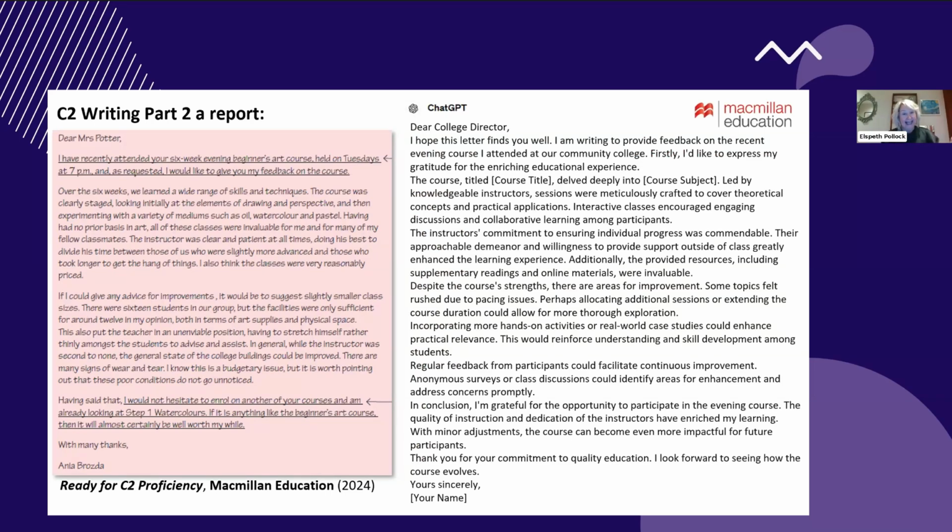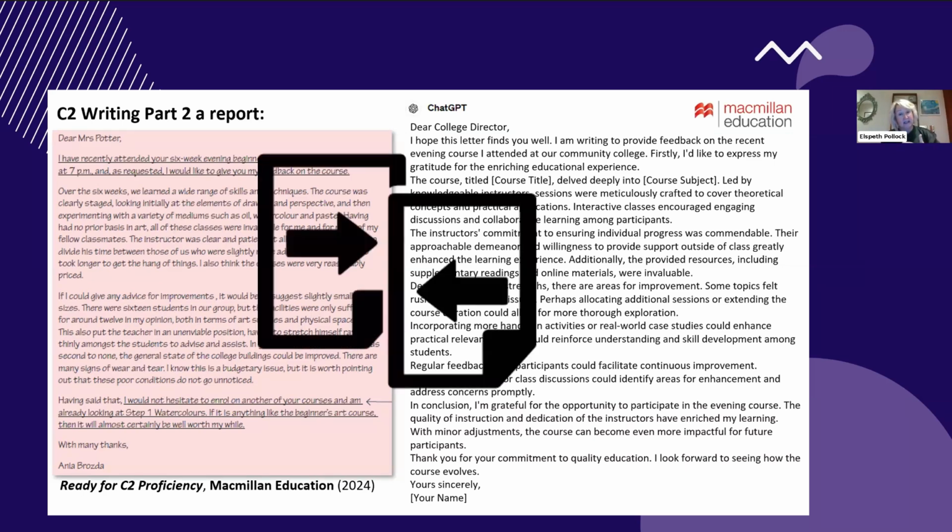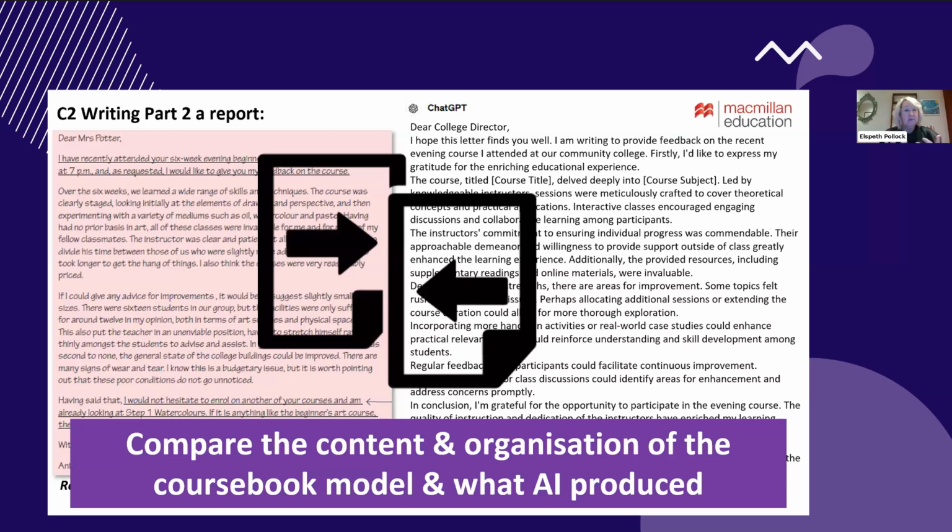So then, again, instead of asking my students to produce the whole thing, all I ask them to do is compare. Compare the content and organization of the coursebook model with what AI produced. Look at the 2 of them and see which one you like better, which one has a better organization, which one has the content better expressed.